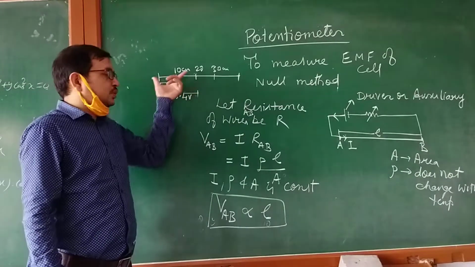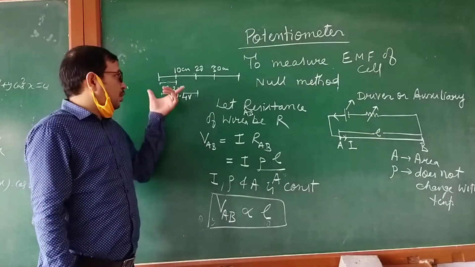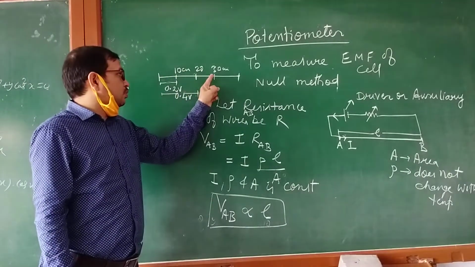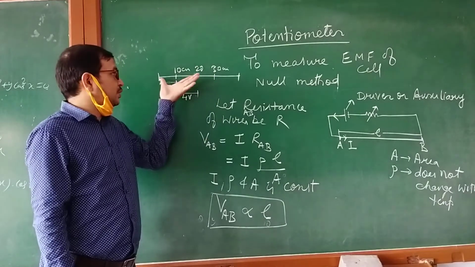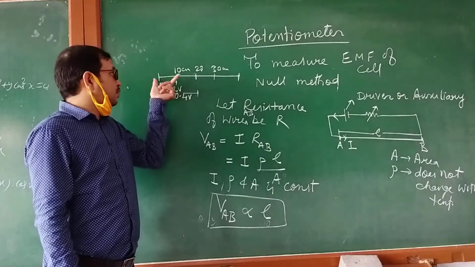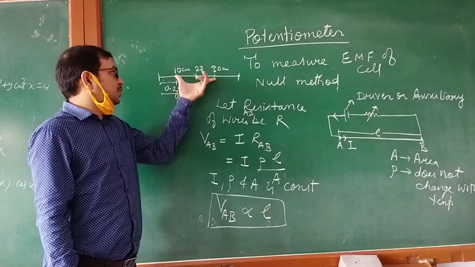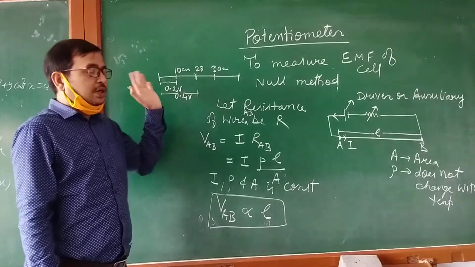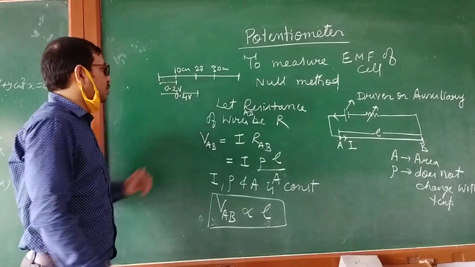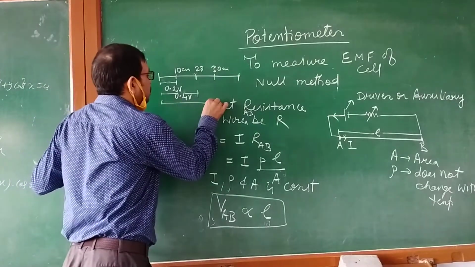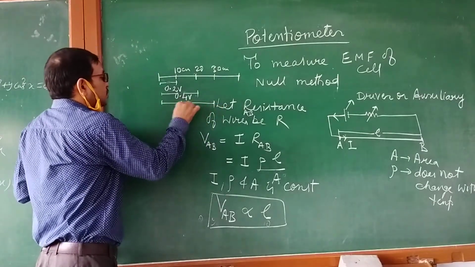Potential difference or potential drop, whatever you call. Now from here to 30 centimeter, length is increased by 3 times. If this is L, this is 2L, this is 3L. When you increase the length by 3 times, this drop will also increase by 3 times. So it will be 0.6.